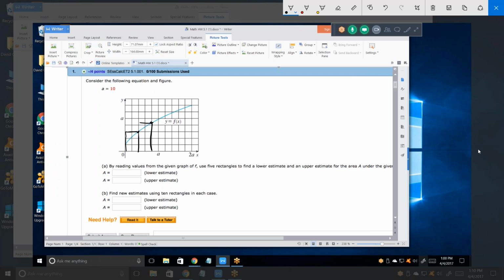Notice what I'm doing. Pay very close attention to how I'm figuring out the right upper corner of this rectangle. It's right there. In other words, it's on the curve. This one's going to be right there.